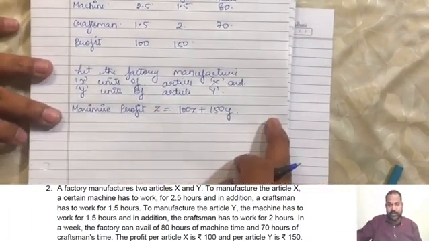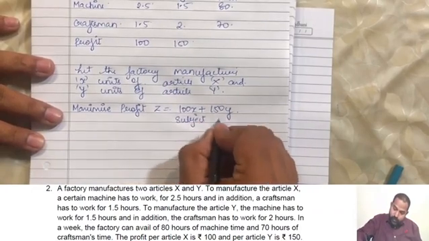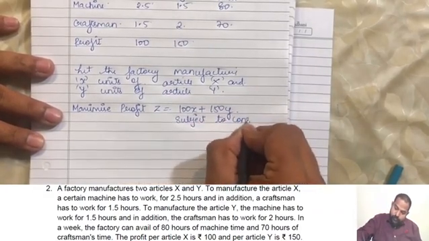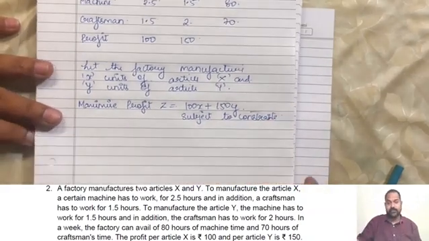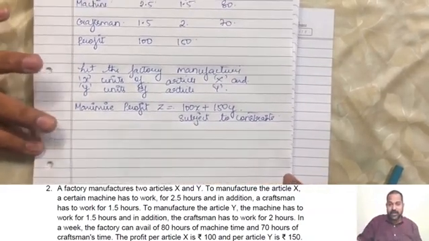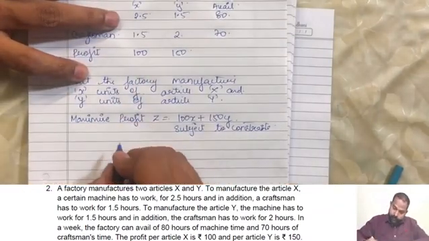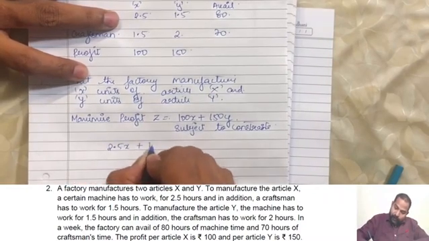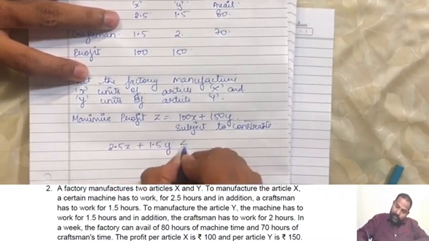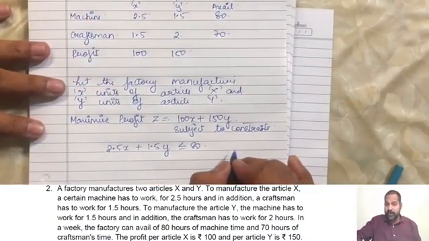But this maximization is subject to constraints. And what are the constraints that it is subject to? It is subject to constraints that 2.5x plus 1.5y should be less than or equal to 80 because that is the maximum available machine resource.